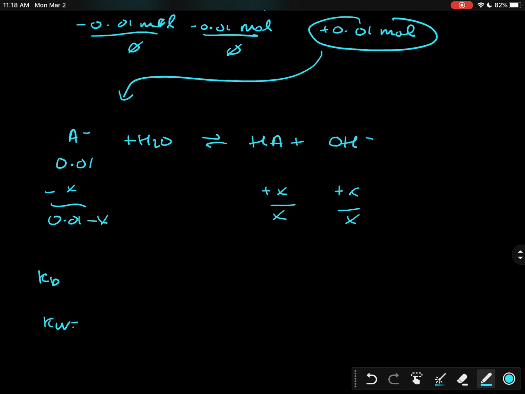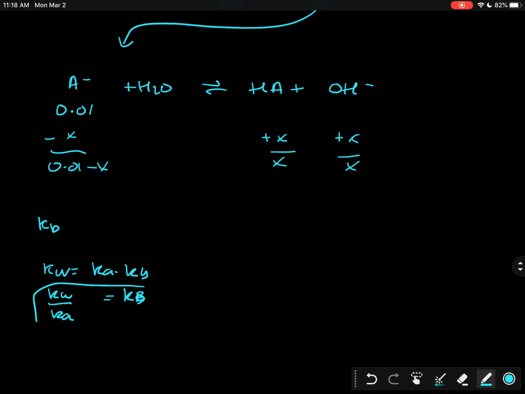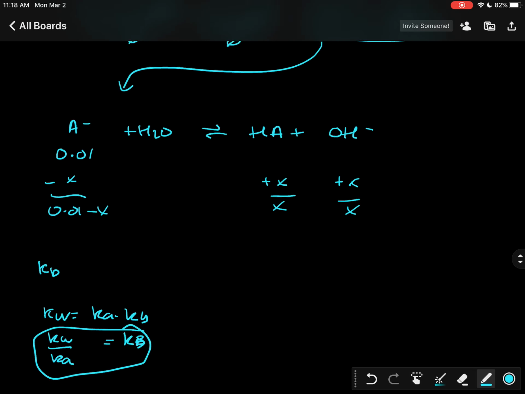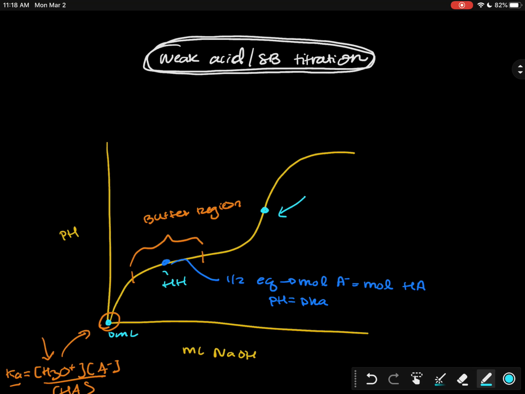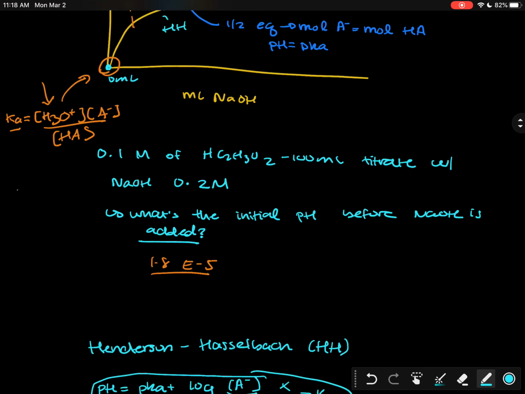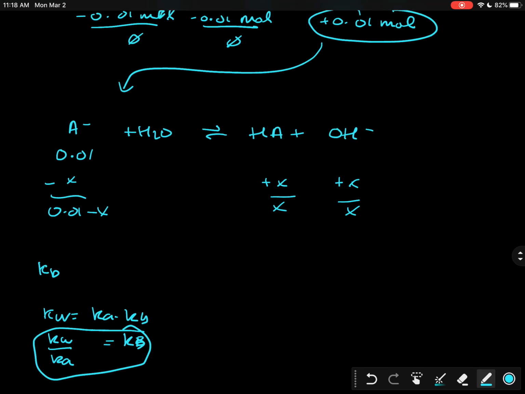So Kw equals Ka times Kb, therefore Kb equals Kw over Ka. So you can definitely solve for the Kb, and we're given the Ka from earlier. So that is how we could find it here. Basically you'll find moles of A minus and calculate pH with the Kb. Okay, so let's go back to this problem to figure out how we'd solve it.